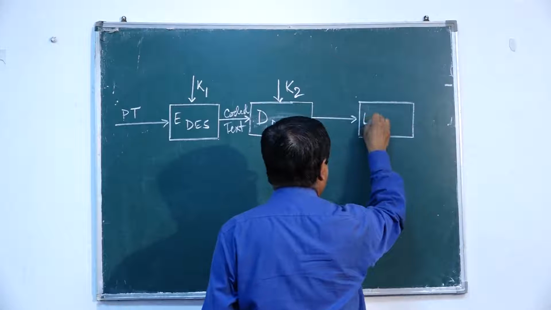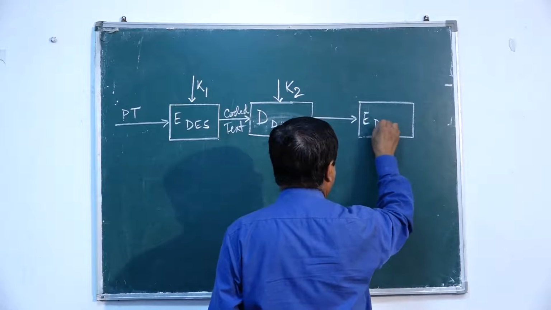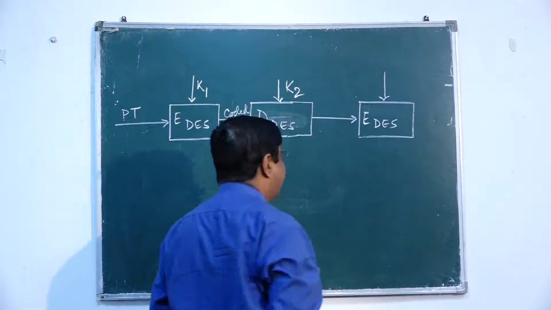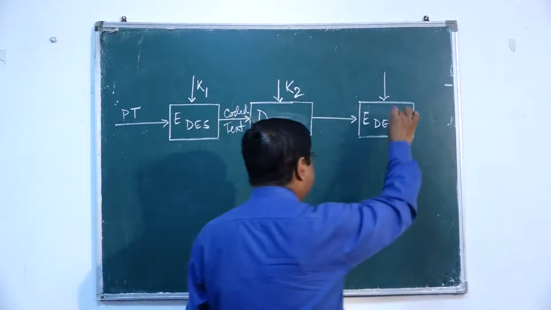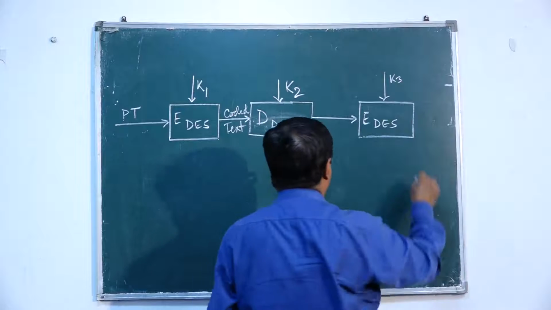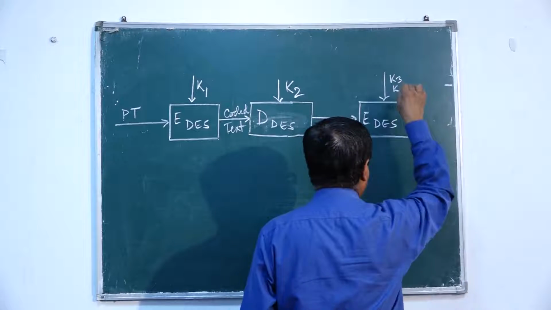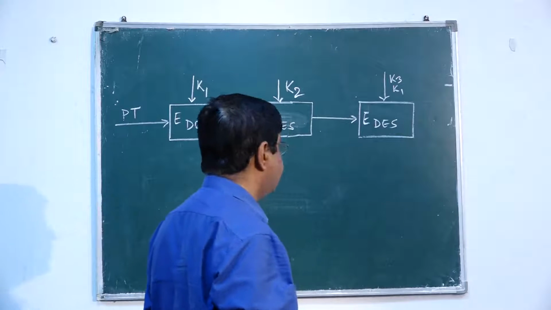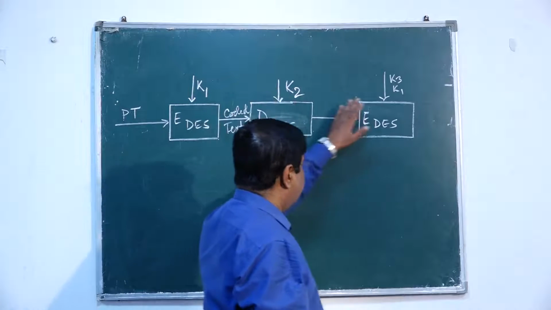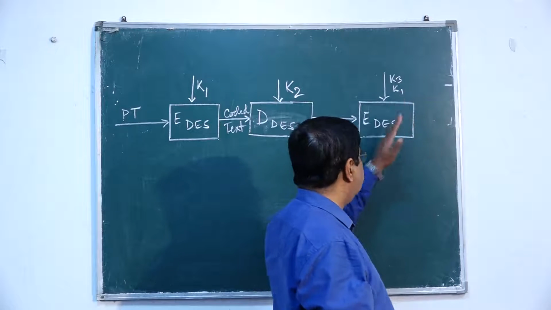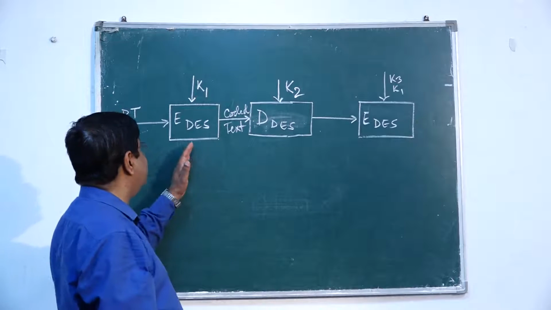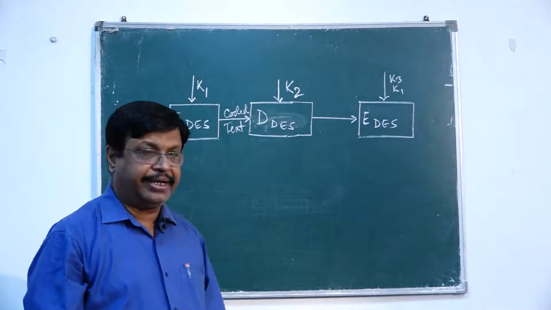After this we get another text, on which we encrypt, and here we can use either K3 or K1. Here we can use another key K3, or the key that was used the first time for encryption, K1.